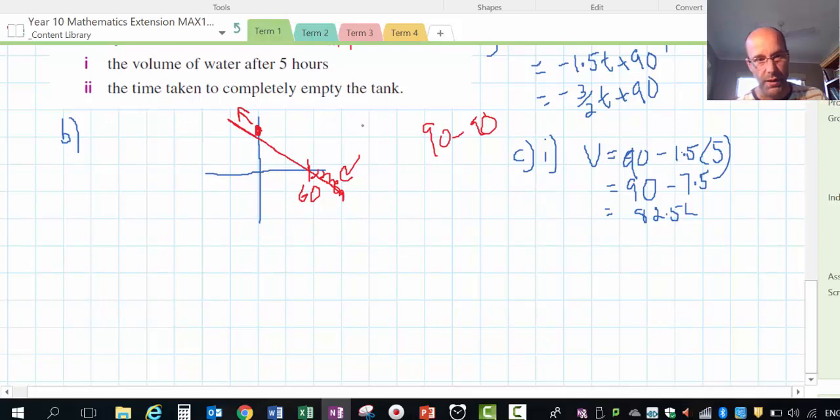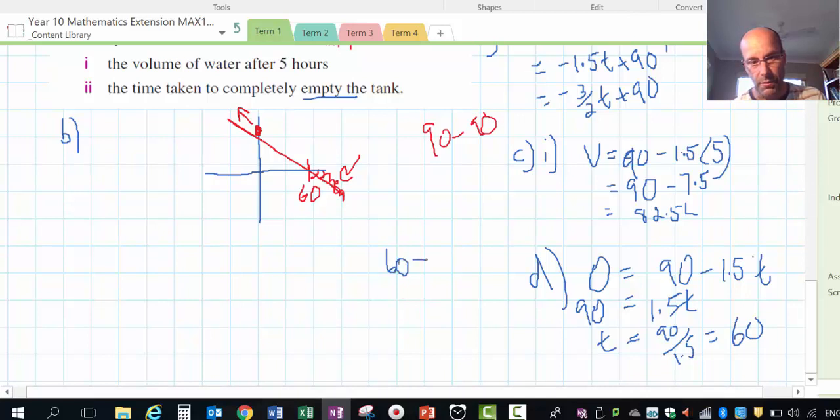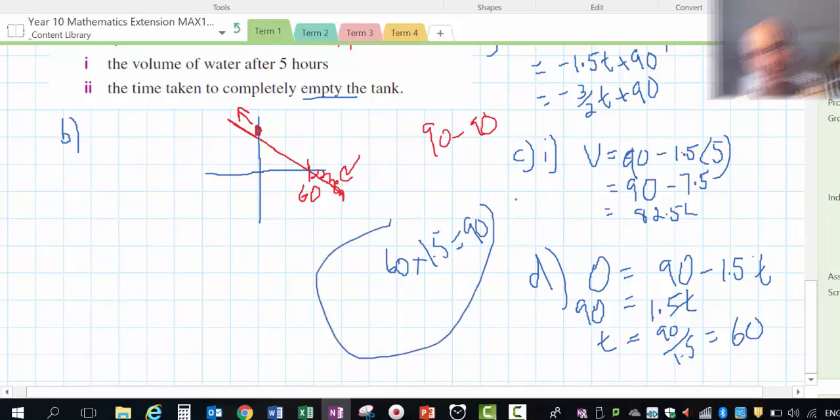Lastly, if we want to find the time taken to completely empty the tank, we've already mentioned that there. It's 60, isn't it? Because 0 equals 90 minus 1.5 times T, solving to find T. So we've got 90 equals 1.5T, and T is 90 divided by 1.5, and that is 60. Or checking, 60 times 1.5 is 90, so that works.